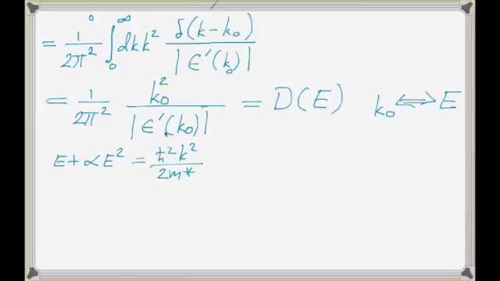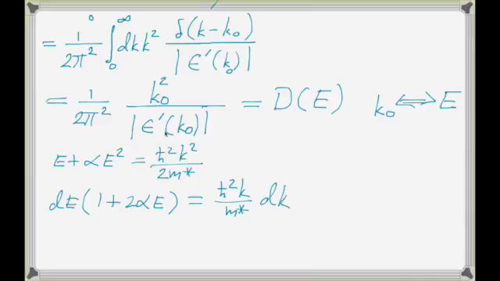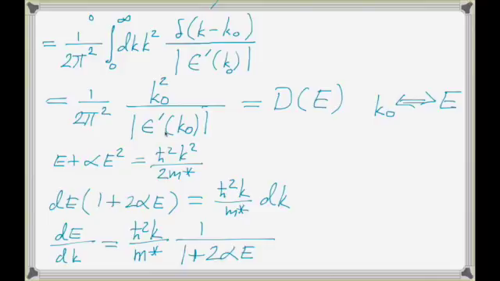And so I just do implicit differentiation: dE times (1 plus 2 alpha E) is equal to h bar squared k over m star dk. And so dE/dk is h bar squared k over m star times 1 over (1 plus 2 alpha E).